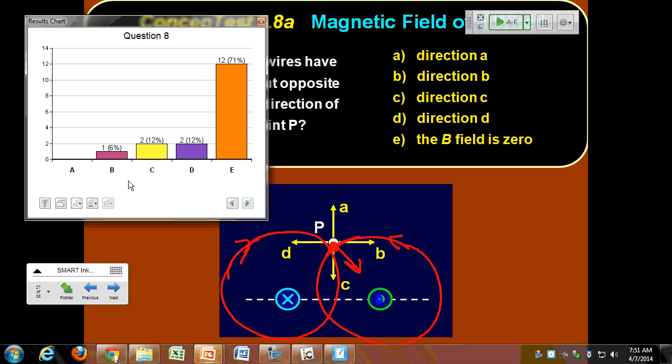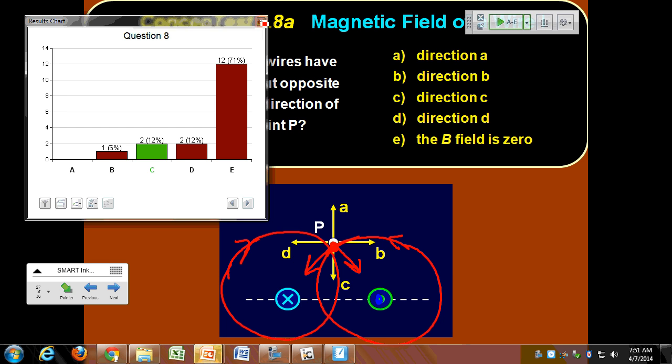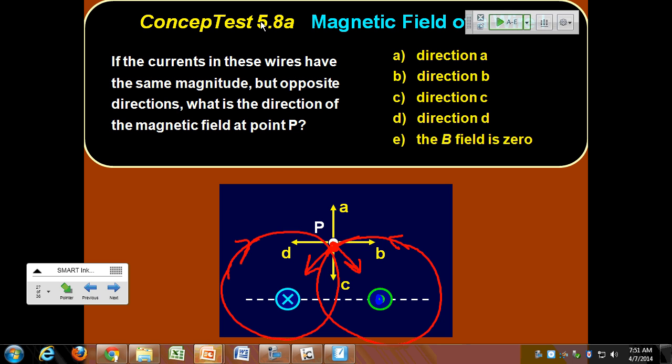And then due to this other one, I get a magnetic field in that direction. But that magnetic field is not zero. Y'all follow? What's going to be the right answer then? C. C is the right answer. If I have one vector in this direction and one vector in this direction, and I add those two up, I get a vector in that direction.